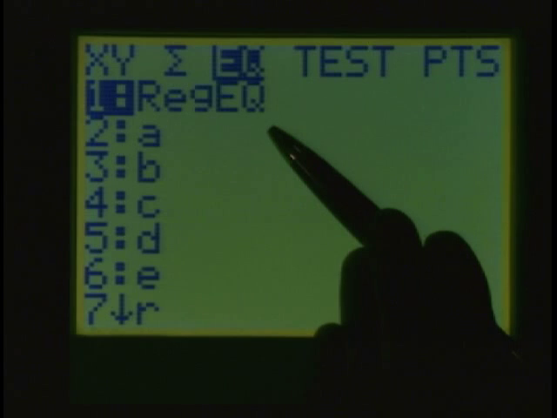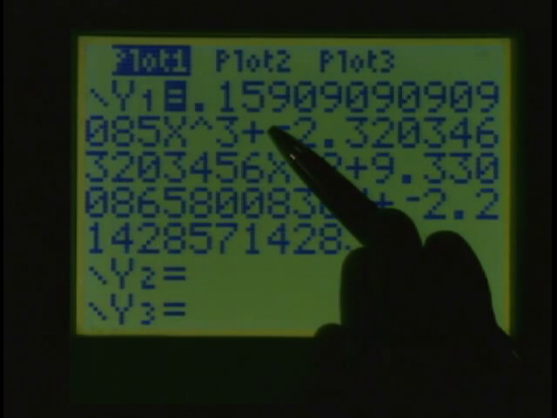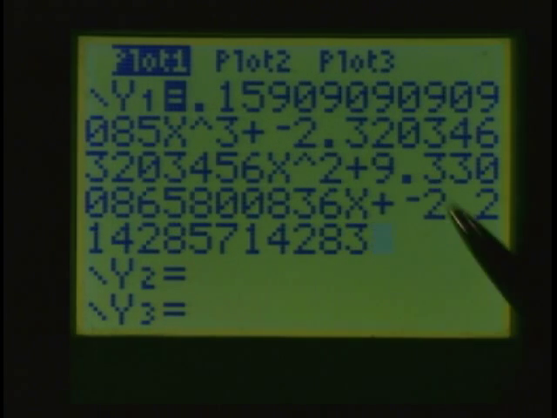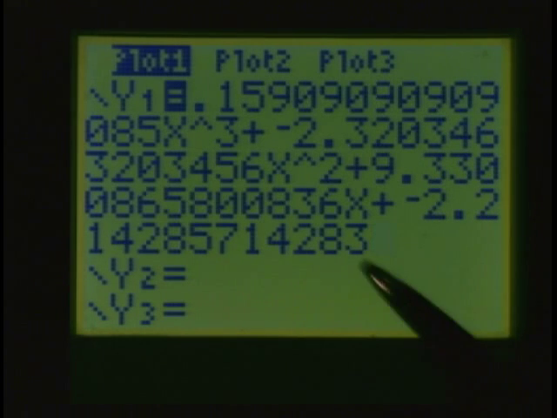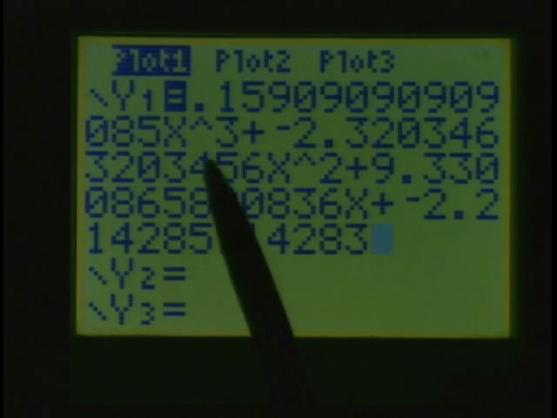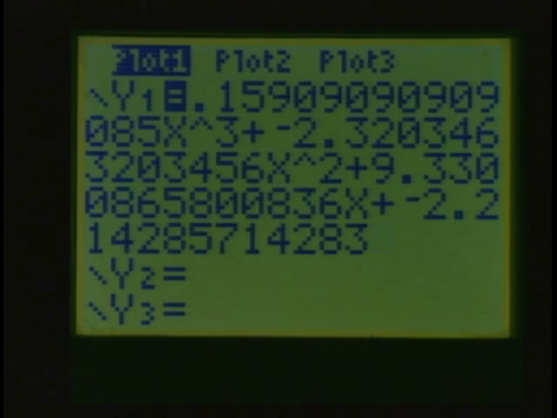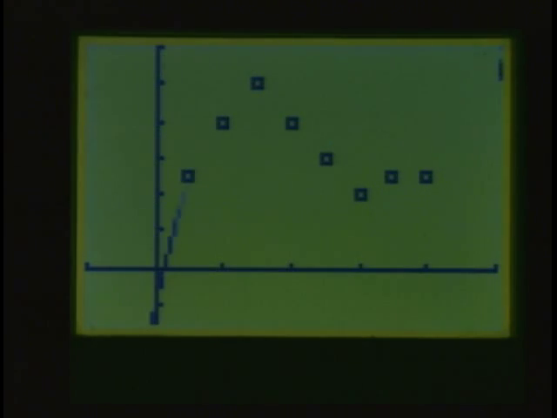So I now punch number 1 and watch what happens. It now takes and puts that entire equation with all its decimal accuracy, that cubic, you can see the cubic polynomial right here, and then we hit graph, and it now lays the curve of best fit, the cubic curve of best fit, over that data set.